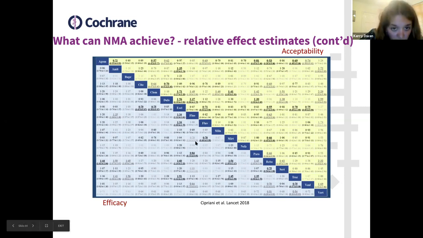So if you wanted to look at FLOV versus AGOM, you'd go up here and you'd see the result for AGOM versus FLOV is 0.69, and the confidence interval is given there as well. And this is only for one outcome, so you can see there is a lot of data there, and the more trials and the more interventions that you include, obviously the more data that you will obtain.